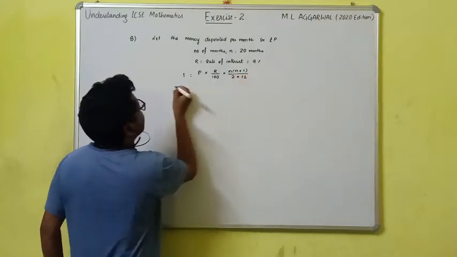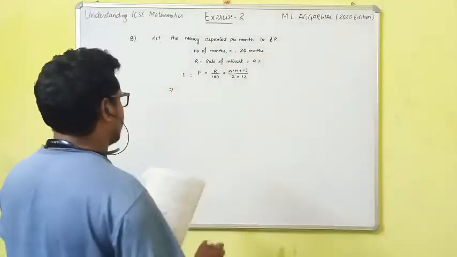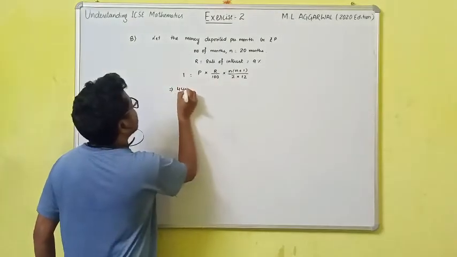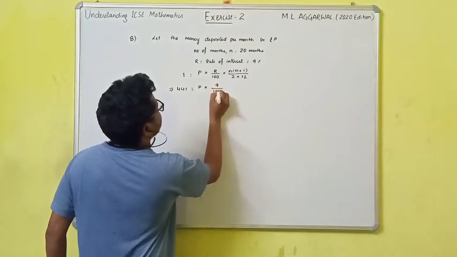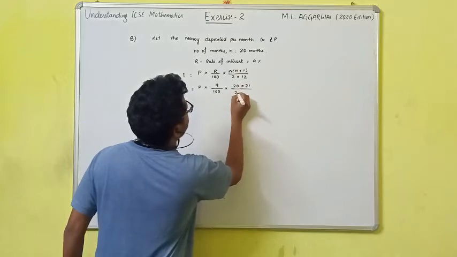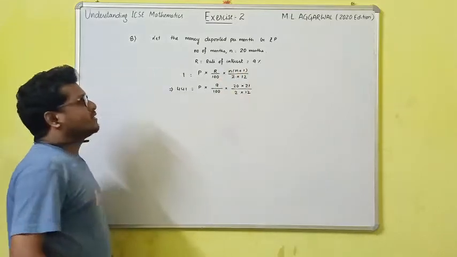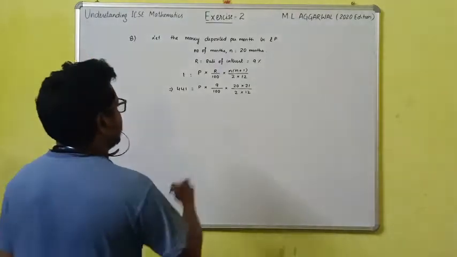As per your question, 441 is your interest. So I can write here 441 is equal to P into 9 by 100 into 20 into 21 by 2 into 12. As I have told you how to calculate n plus 1, you use that.